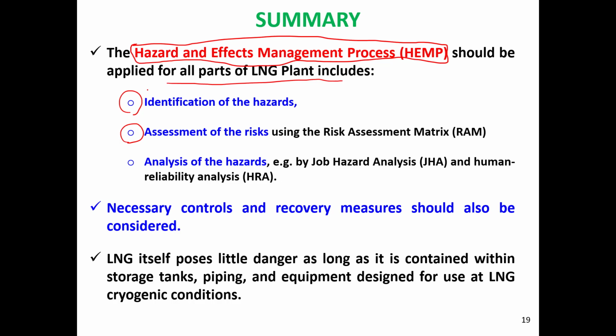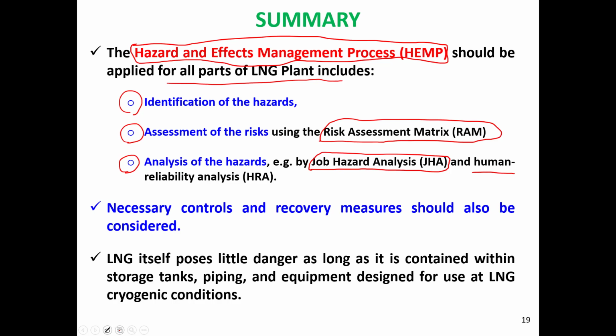This can be done by methods such as the risk assessment matrix, RAM. Then analysis of the hazards, meaning what will happen if there is a dangerous situation. This will be done using tools like job hazard analysis, JHA, and human reliability analysis, HRA. Those are the tools we use to evaluate our operators, to see what their reaction will be in a hazard situation and so on.